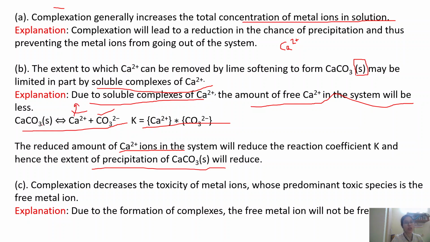Because the product is reducing, what will happen according to Le Chatelier's principle? Calcium carbonate will be converted to calcium ion and carbonate ion. In that case, more calcium carbonate solid will be dissolved. Hence, the precipitate will be very less.